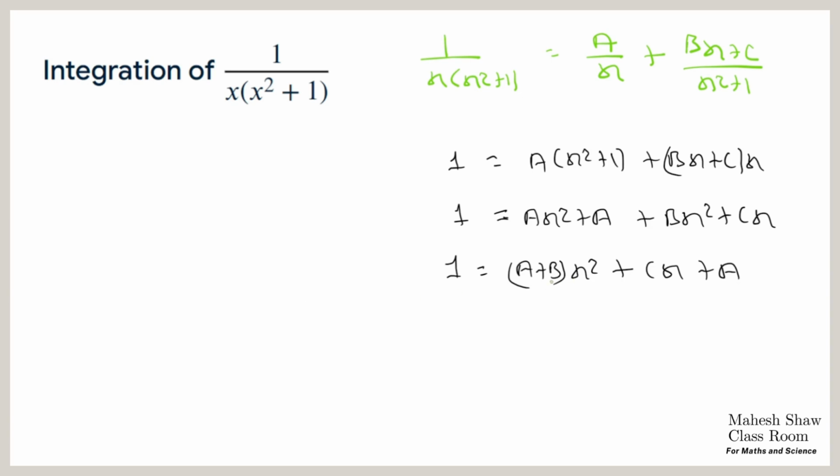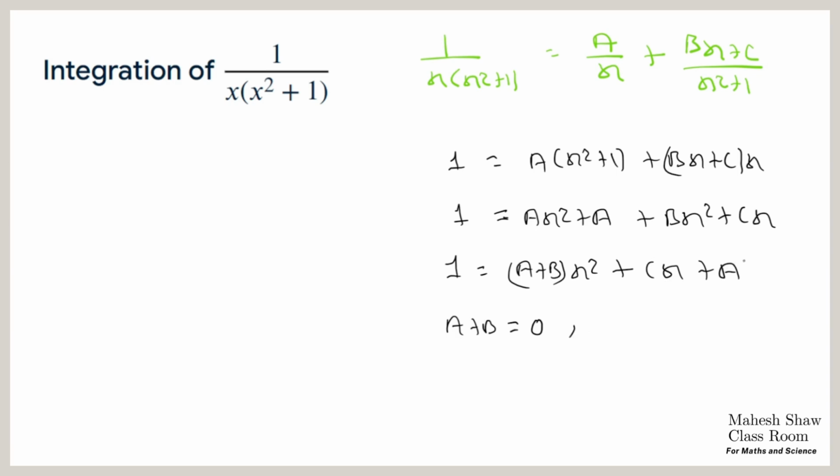Now check here, on comparing the coefficients, on the left hand side there is no quadratic term. So I can say from here that a plus b is 0.